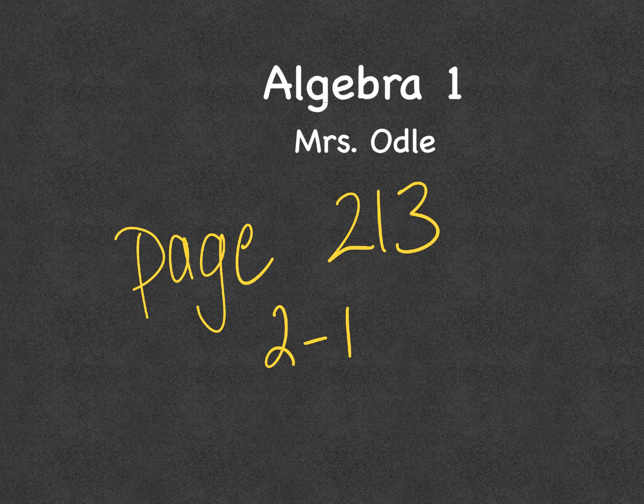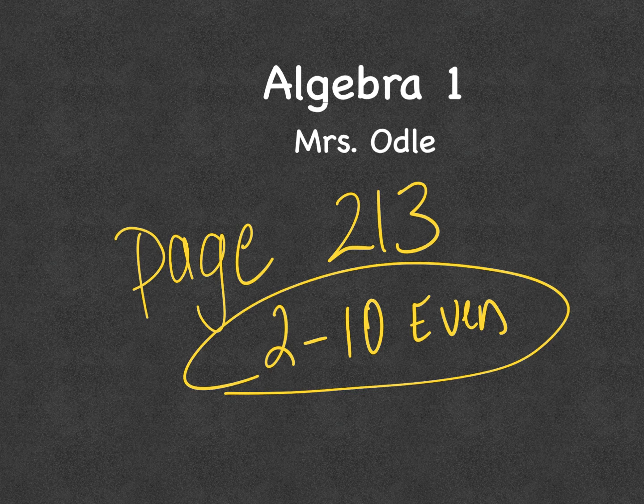So 2 through, you know what, I'm going to lessen that. I'm even going to go with 2 through 10, evens. All right, so that gives you 2, 4, 6, 8, 10. 5 problems, 2 through 10 even. You must turn this in and show me that you've put forth some effort and tried. You know how to get in touch with me if you have questions. Thanks, guys.